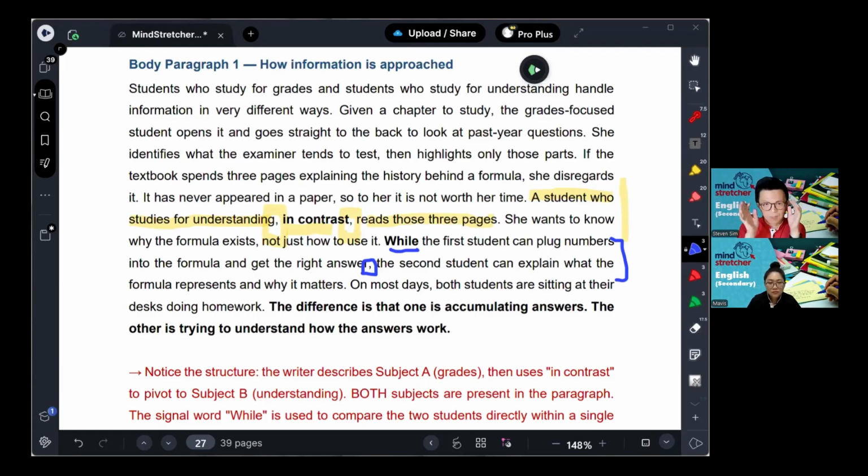So this is painting a picture using simple words. The words are simple. There are no difficult words here. But the sentence structure is dealing with a complex idea. You're putting these two different students and the two different ways of approaching studying. And so that's what you need to learn how to do if you're going to write a compare and contrast essay.